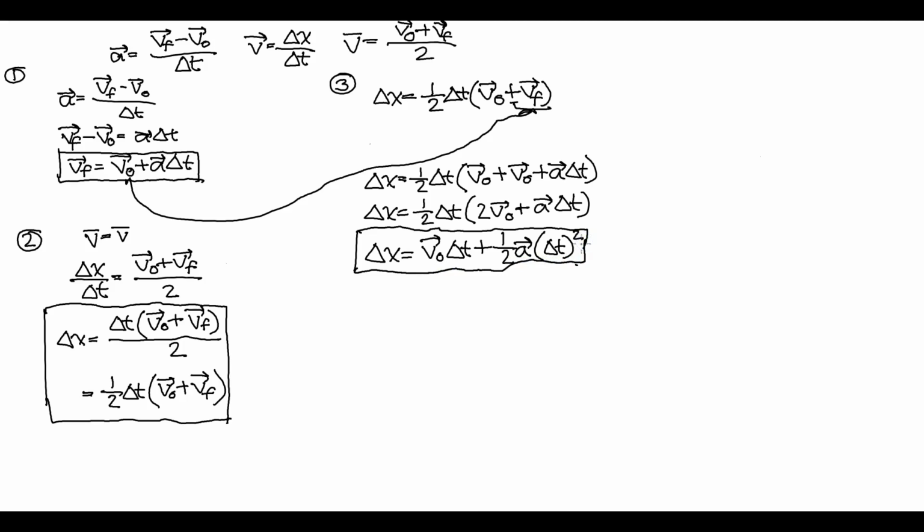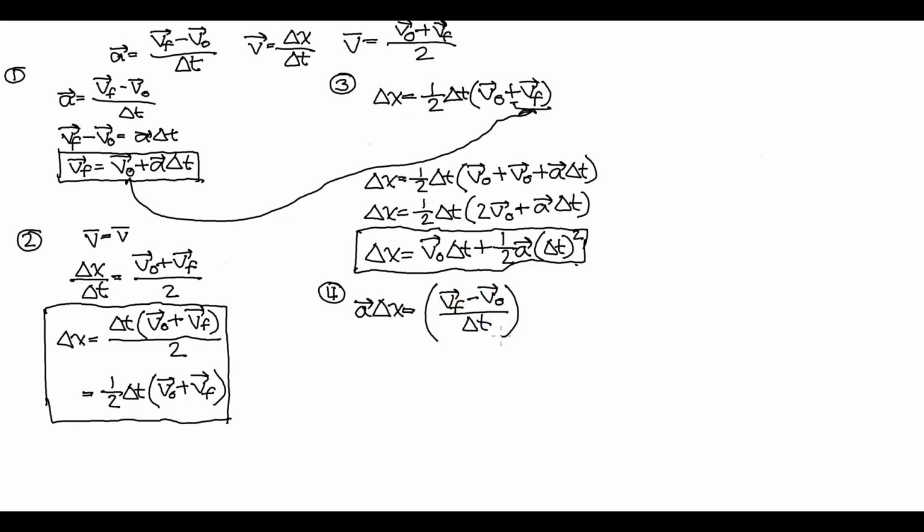Now the fourth one is a little more complicated, just a little more algebra. What if we multiply the acceleration times the displacement? For acceleration, we put in the acceleration equation, vf minus v naught divided by delta t.